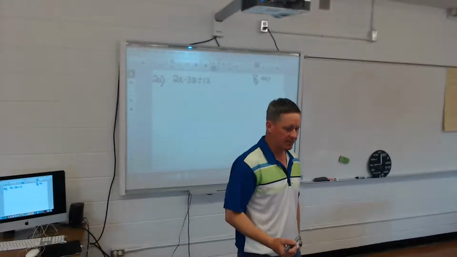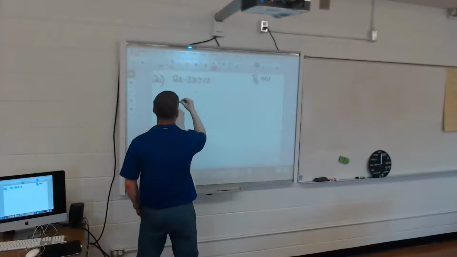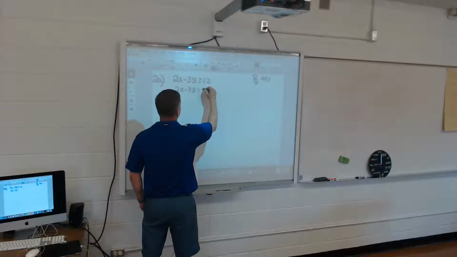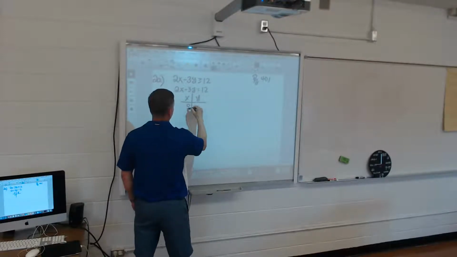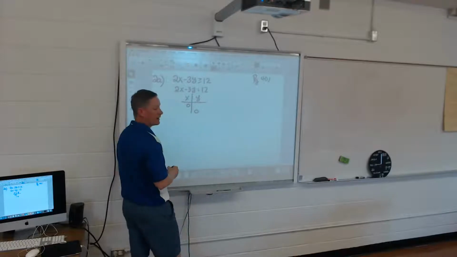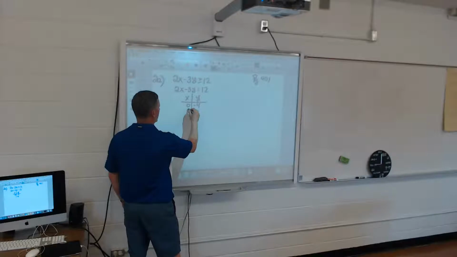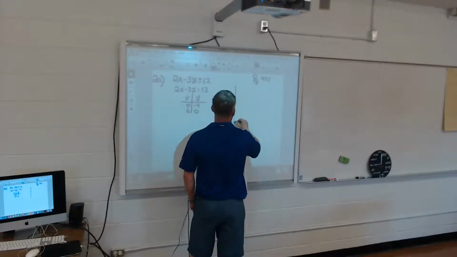Now, normally I would maybe use the y equals mx plus b. However, for this one, I'm going to use my intercepts today. So I'll switch this to the equals. Put 0 in for x, y is -4. Put 0 in for y, x is 6. So that's what I'm going to graph then this morning.